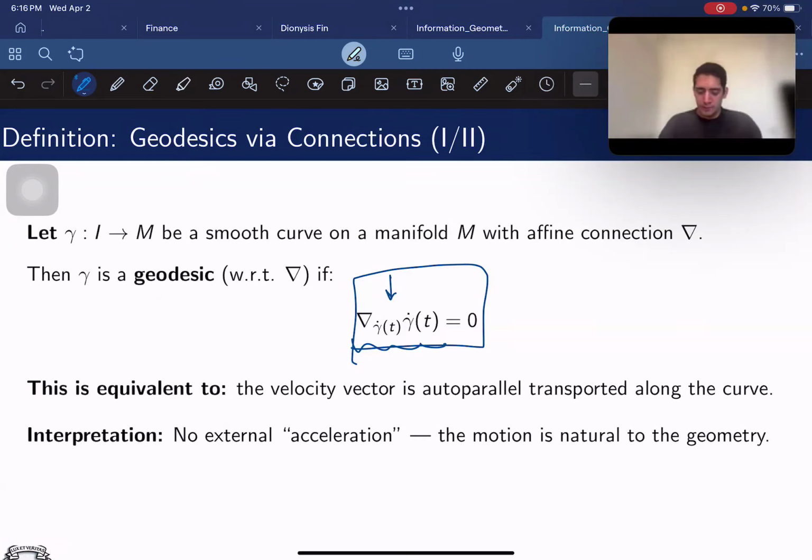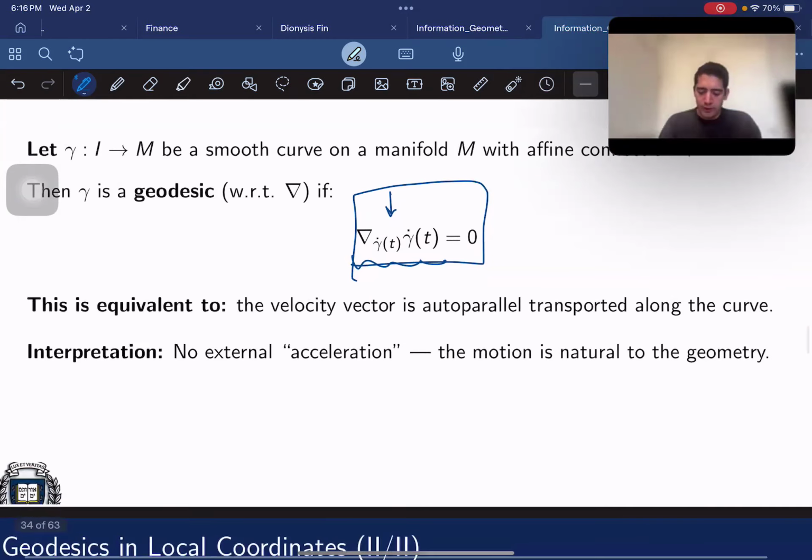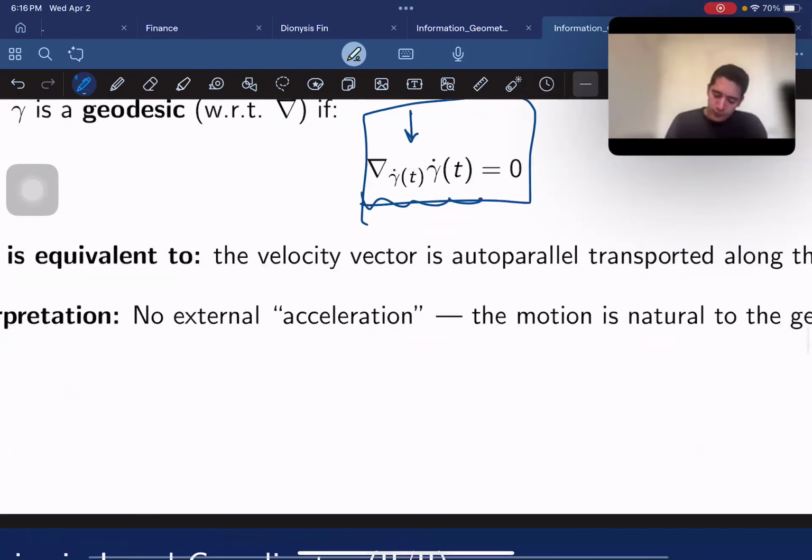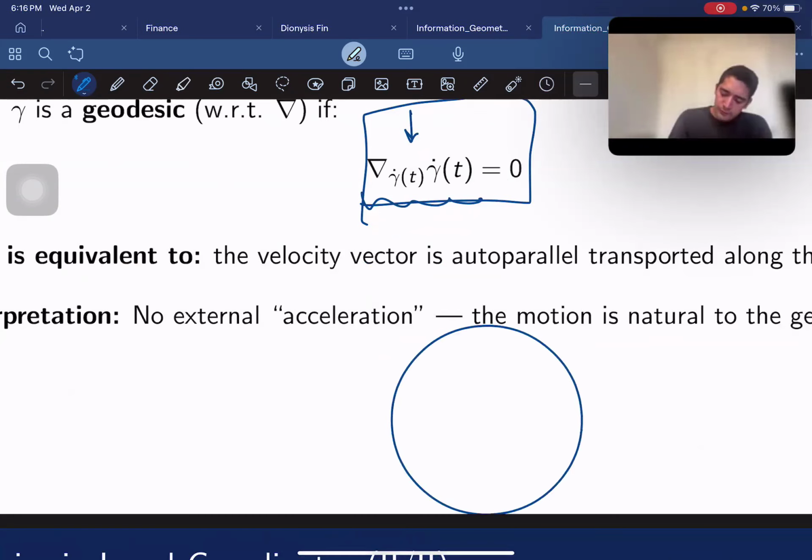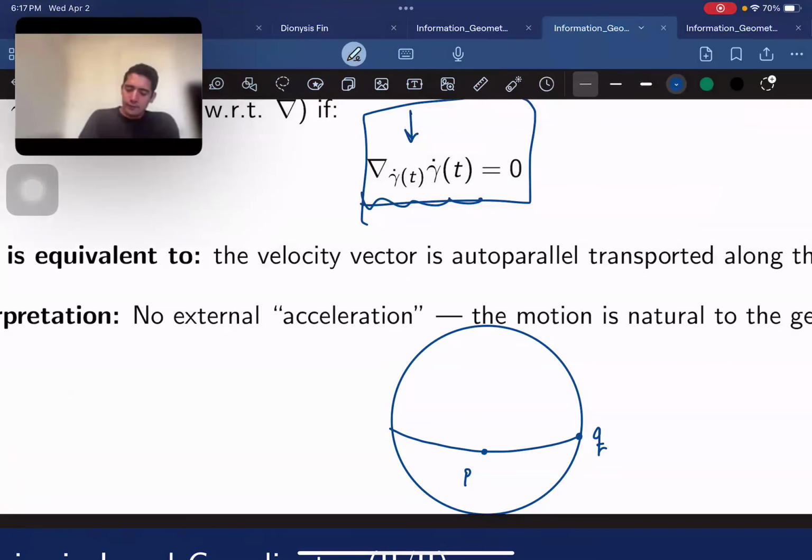Let's see why this thing works. On a sphere again, consider 2 points, P and Q. We already know that the geodesic connecting the two with respect to the least amount of distance is the green one.